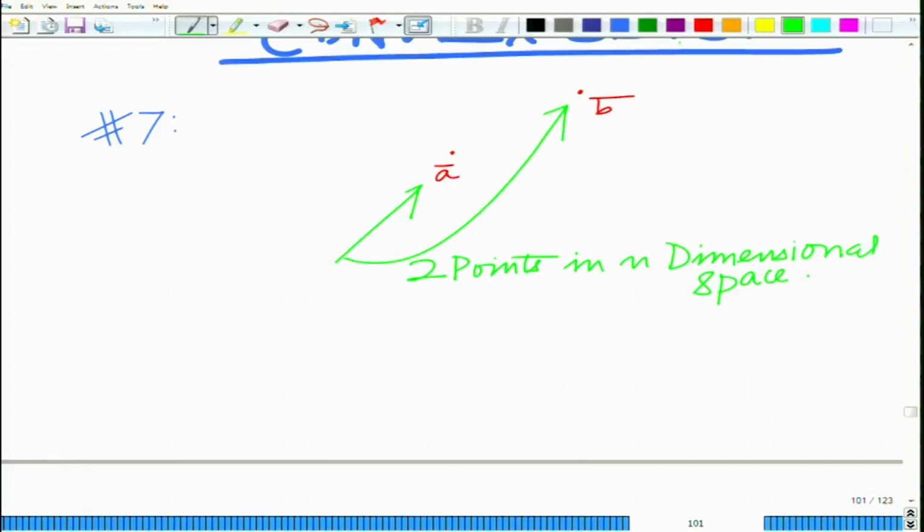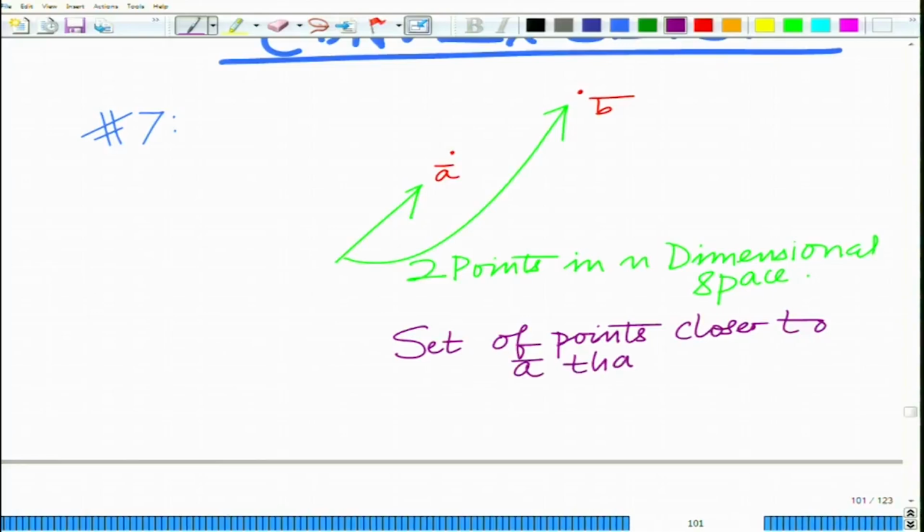We want to find the set of points that are closer to a bar than b bar.